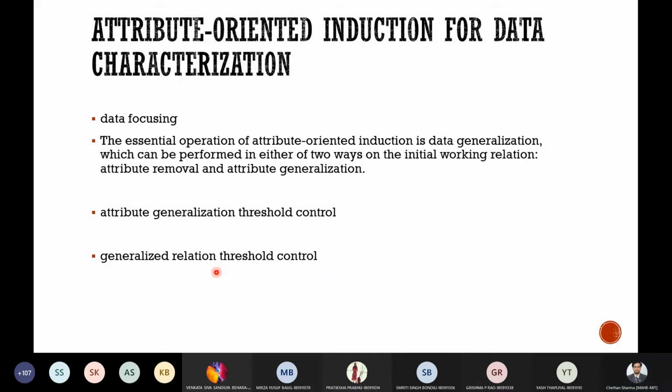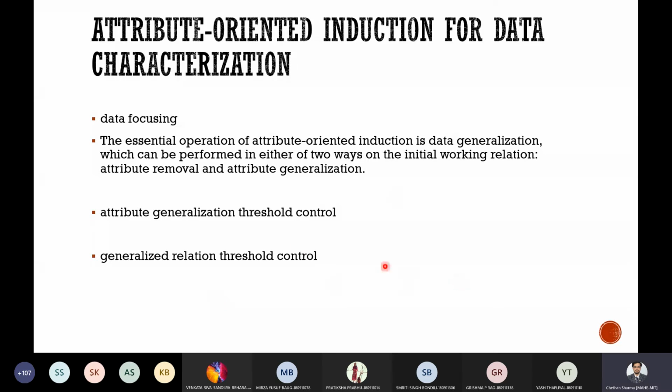These two techniques, attribute generalization threshold control and generalized relation threshold control, can be applied in sequence. First, apply the attribute threshold control technique to generalize each attribute, and then perform the relation threshold control to further reduce the size of the generalized relation.